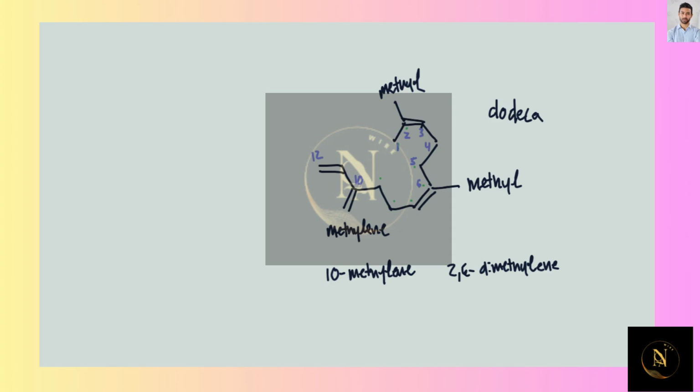In fact, it is a triene, and in particular it is a 2,6,11 triene. So we have then for our ending dodeca-2,6,11-triene.